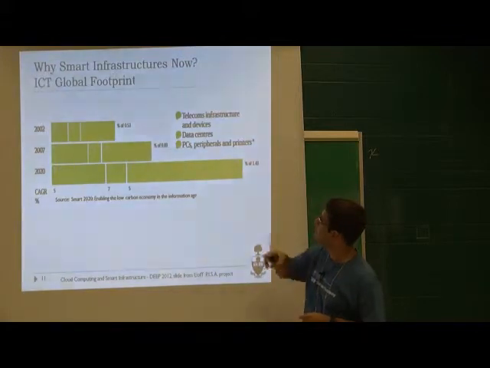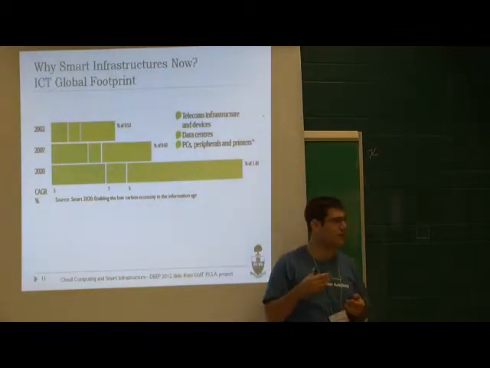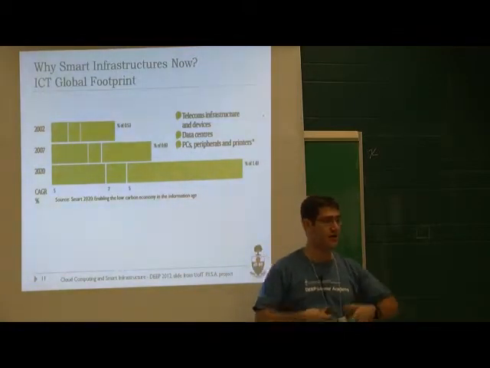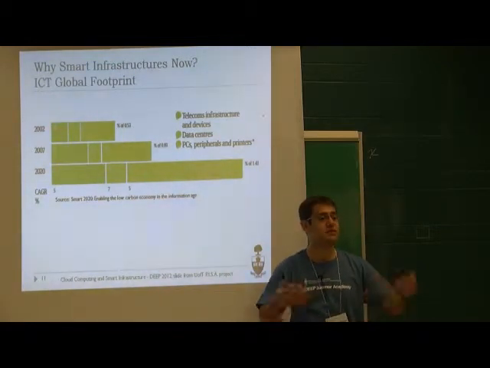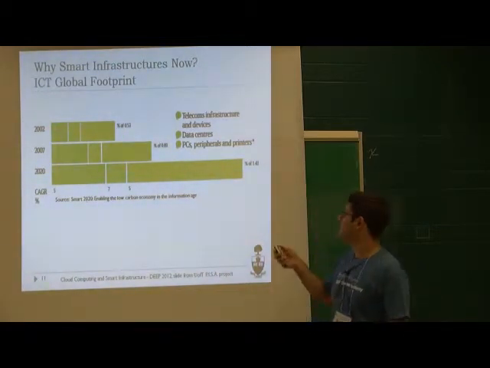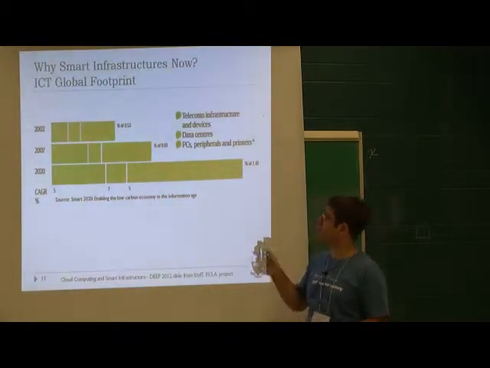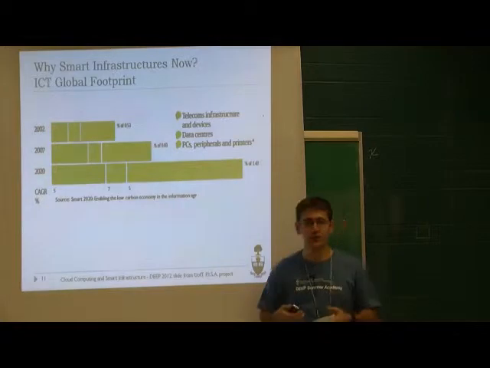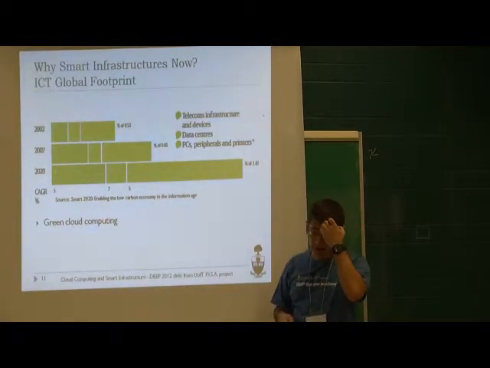Then you can also see the data centers and telecoms infrastructure and devices. And you can see that these devices over time, because now every single home has multiple of these devices, they are leading to lots of carbon emissions. And we need to do things better in order not to cause this.